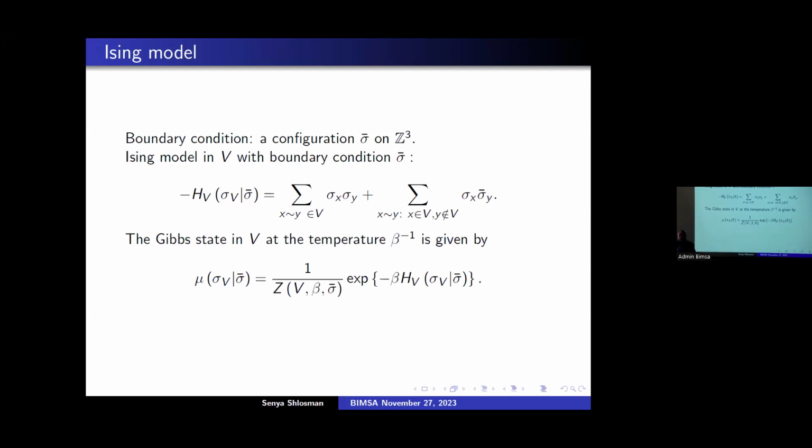So there are points which are inside V and there are points outside V. In particular, there are some points in V such that their neighbors are outside V. Those are the points which you see here. See here, x is sitting inside V, y is sitting outside V, yet they are nearest neighbors. That's what I'm talking about here. So we have this boundary.